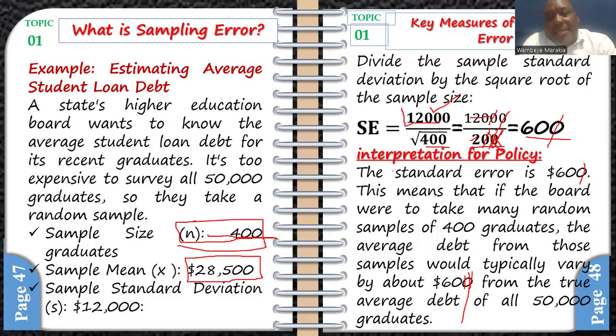Then the standard error is 600, because we were calculating the standard error. This means that if the board were to take many random samples of 400 graduates, the average debt from those samples will typically vary by about $600 from the true average debt of the 50,000 graduates.